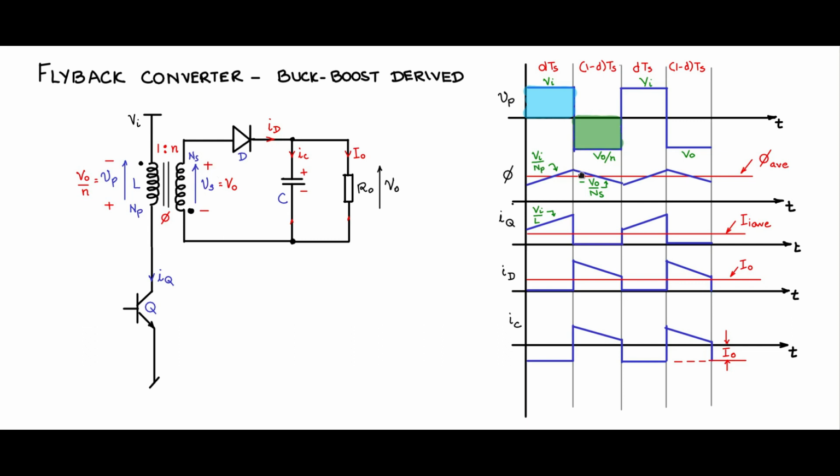Observe the flux: minus V naught by Ns, because the non-dot end is positive, it is going to be a downswing of current flow and also of flux. So the current will have a rate of minus V naught by N square L. L is on the primary side, on the secondary side it will be N square L, and that will be the slope of the current there.